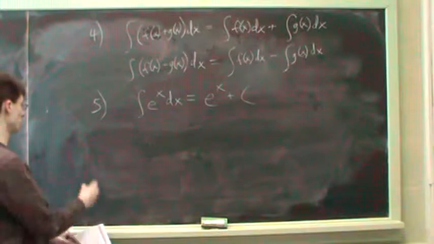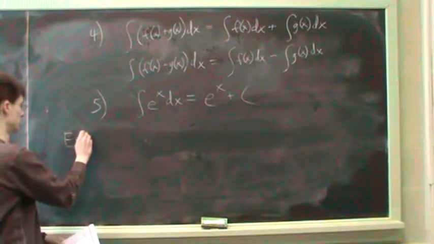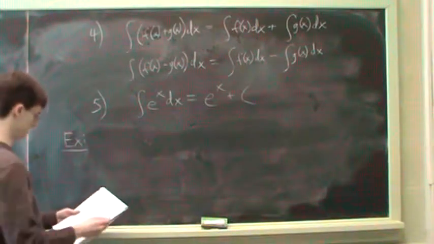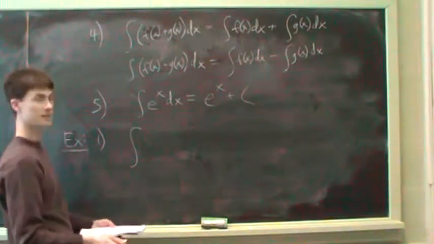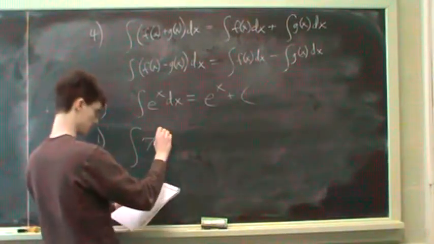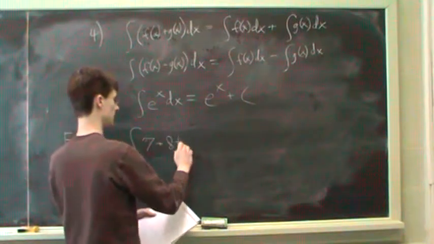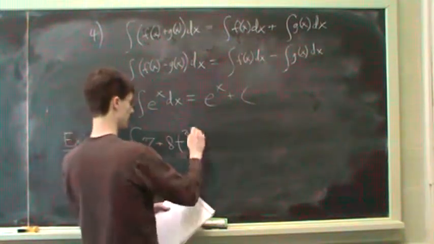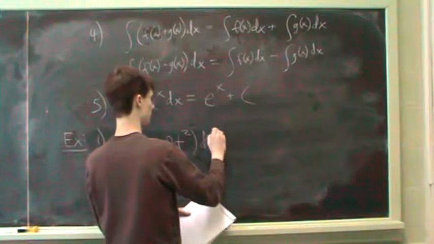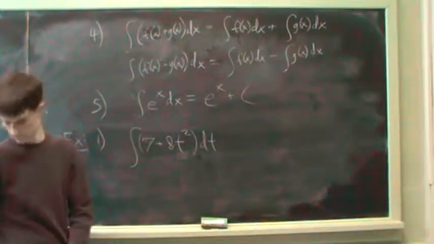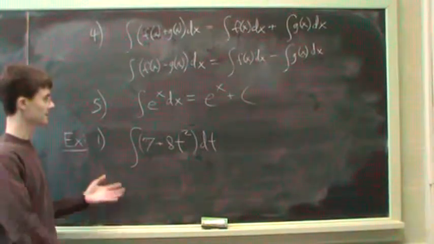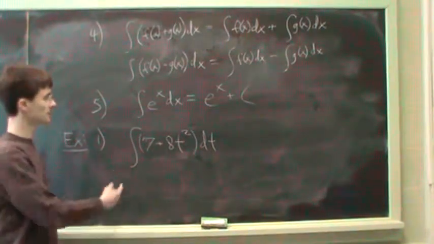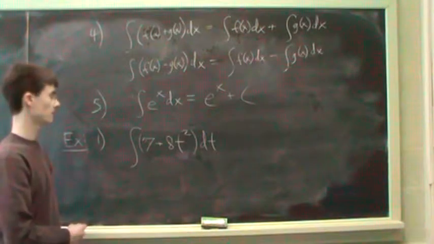So let's do an example. For example, let's integrate 7 plus 8 t squared dt. And let's do it in painful detail so we can understand how these rules help us do the problem.